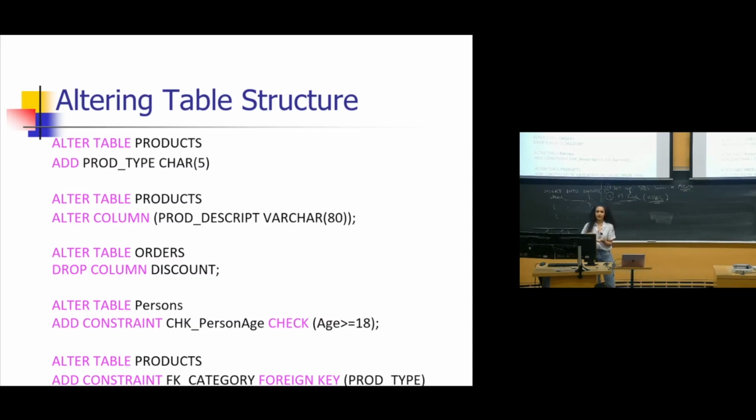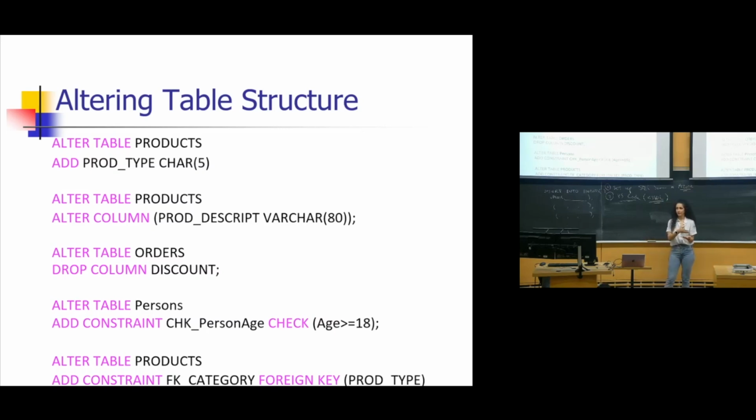Or, for example, in the context of student registration, for the grade, what could be the constraint? Let's say your grade is a letter grade: A, B, C, D, E. So you want it to be in this range, right? You want to add a constraint so that if someone enters a numeric number or anything other than what you specified, it violates the constraint and should get an error.